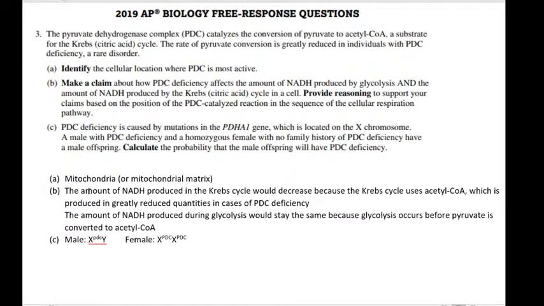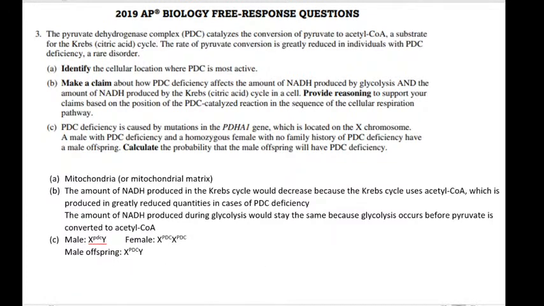All right. So the possible male offspring for this, that male offspring would have to get the Y chromosome from the father. So he's going to have that, and he is going to get either X chromosome, which is going to have the functional copy of that.